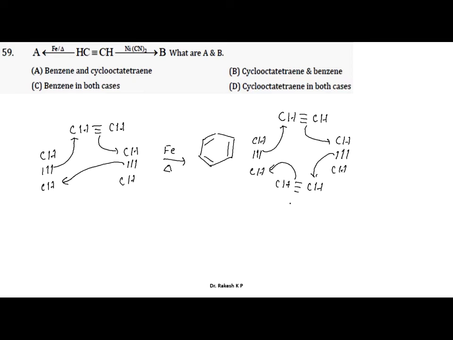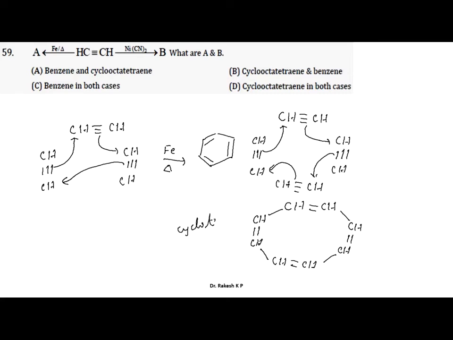So carbon to carbon there is a double bond here, and again we get a double bond, and again a carbon to carbon double bond. So this is the compound we got here. 1 2 3 4 5 6 7 8, that means this is cyclooctatetraene, because it is cyclic in nature.